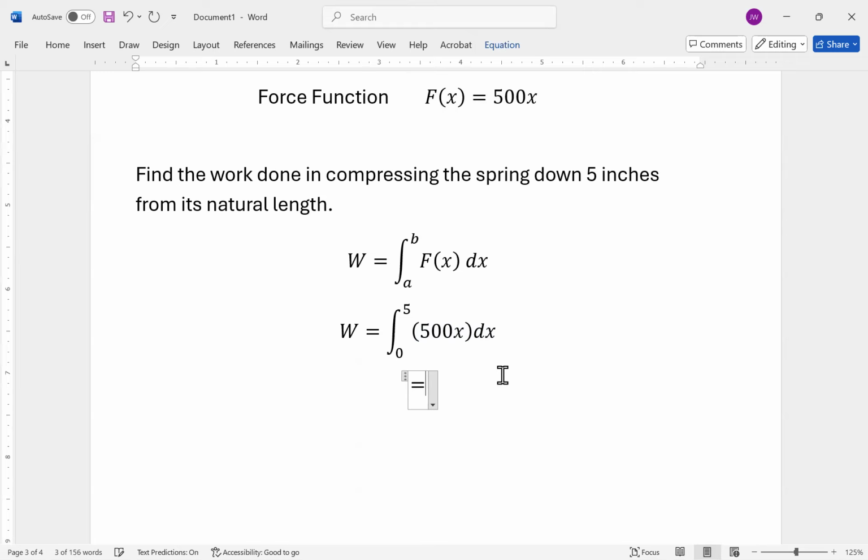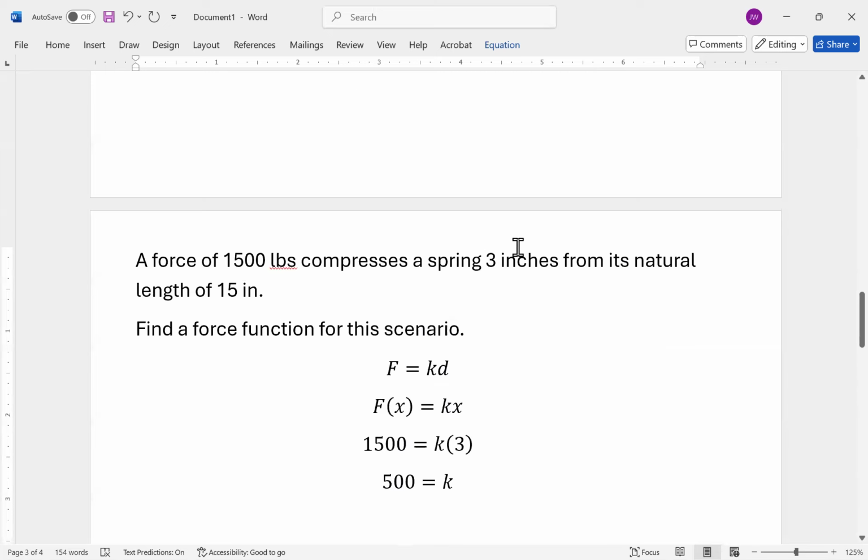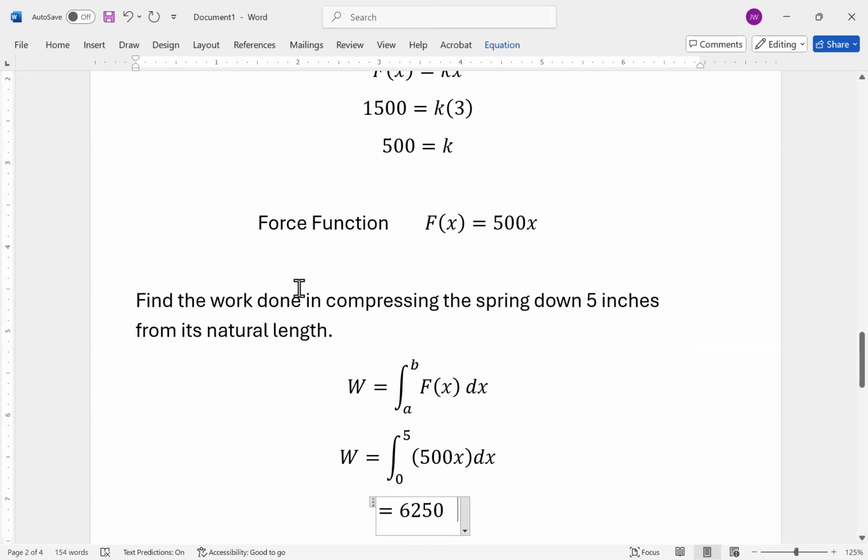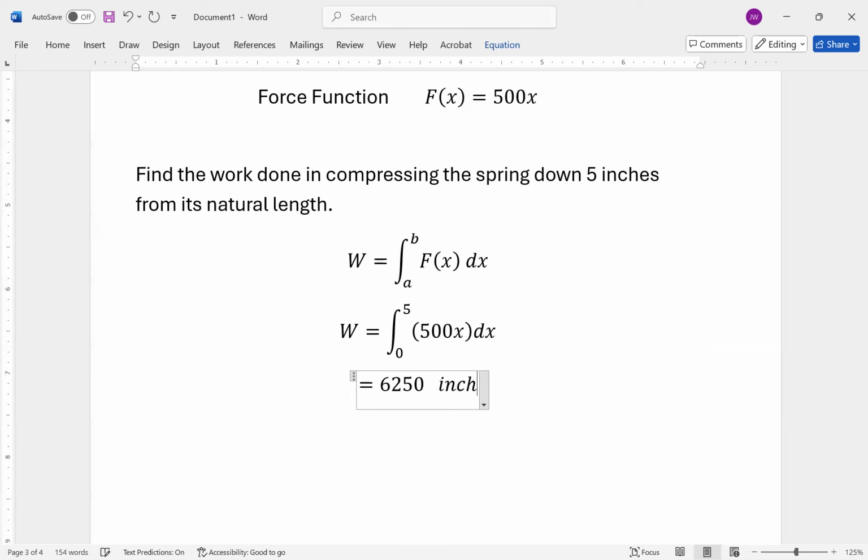I am going to use my calculator to do this. Very easy to type in with a calculator as well. So integrating 500x with respect to x gives you 6,250. Now this is not going to be in joules because we're talking about inches and pounds. So this would be in inch pounds as my label.